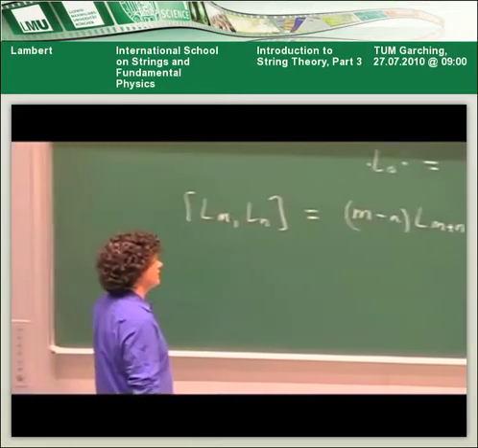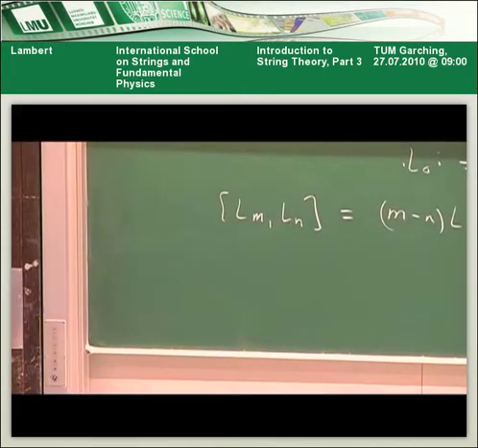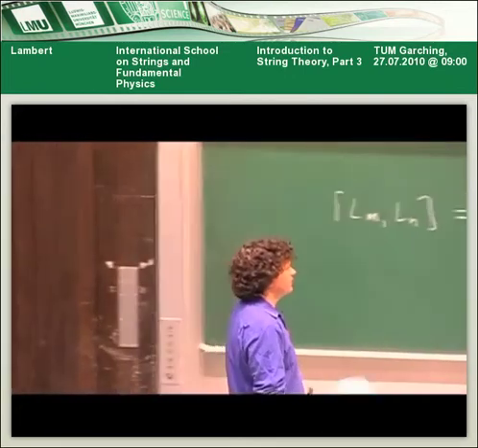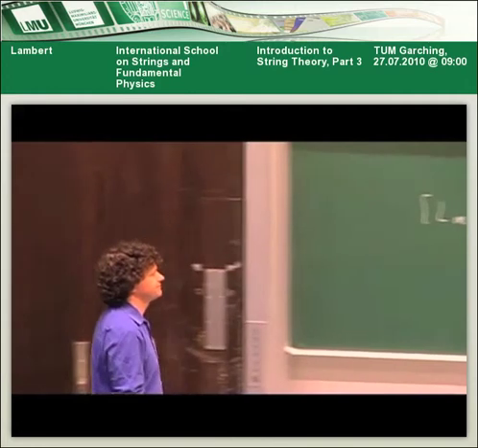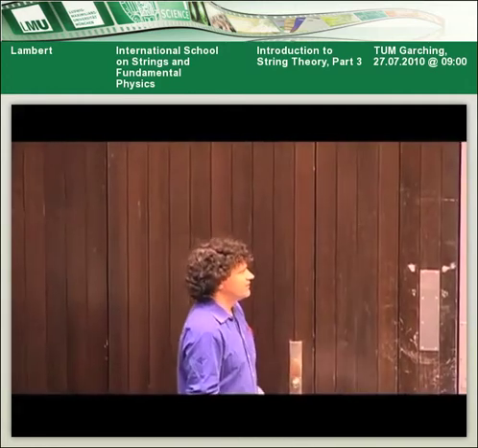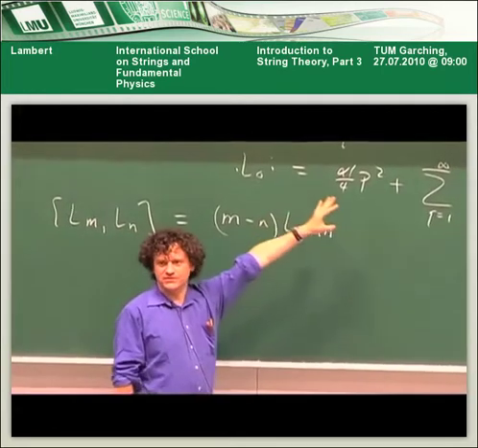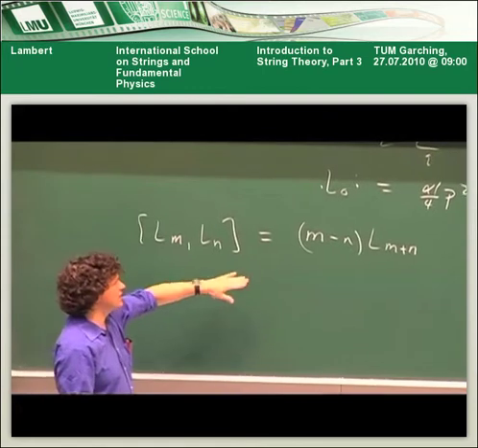What is the great foundation of string theory is that we have to look at the normal ordered version of this expression in the quantum theory. So this is the classical algebra. We want to know what the quantum algebra is, so we have to worry about normal ordering. Well, the first thing you might notice is that if L0 never appears, then we're done, because normal ordering only affected L0.